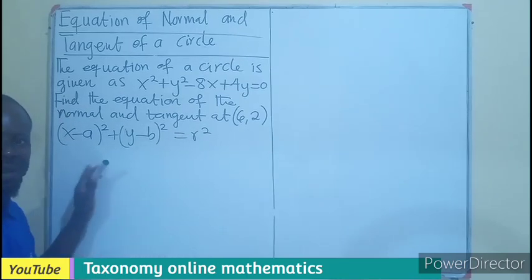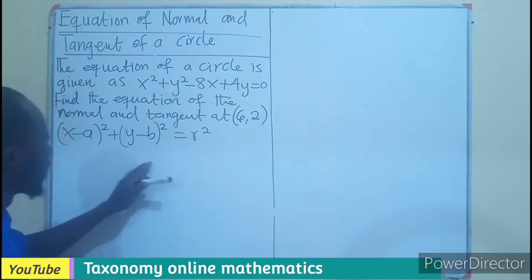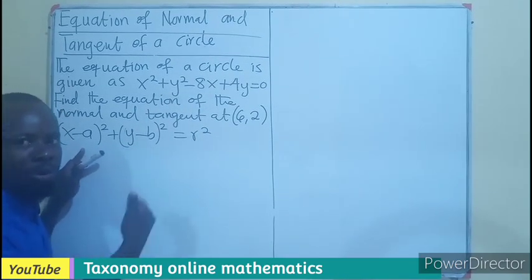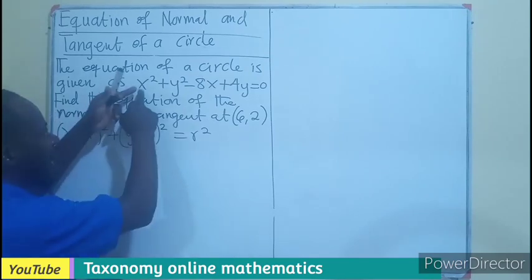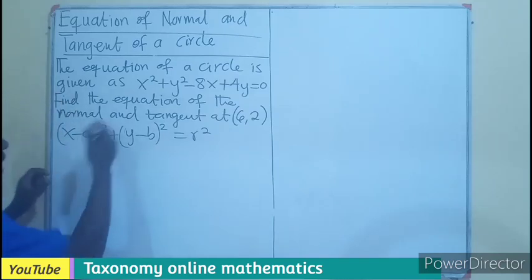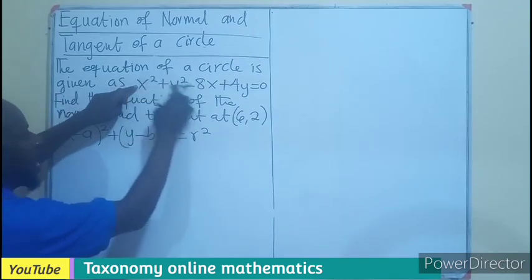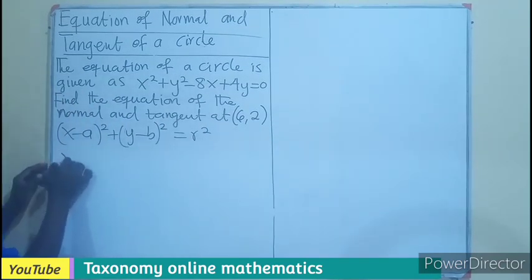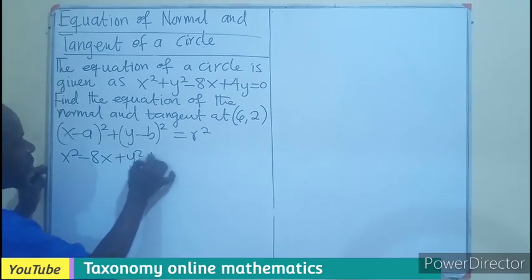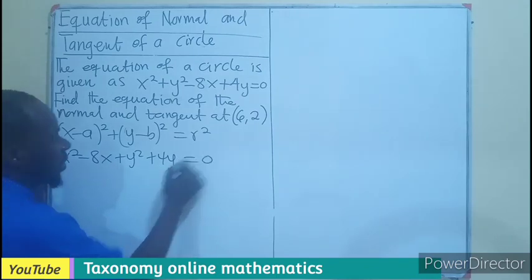This is the standard form of an equation of a circle. For me to send this into this form, I need to do completing the squares of the x and the y separately. So if I want to rewrite this, I'll be writing x squared minus 8x plus y squared plus 4y equals 0.